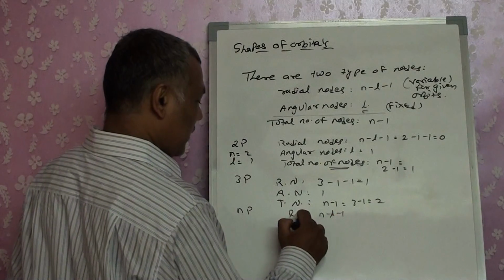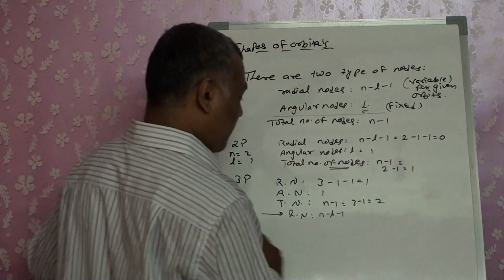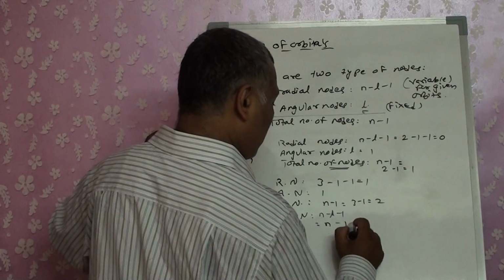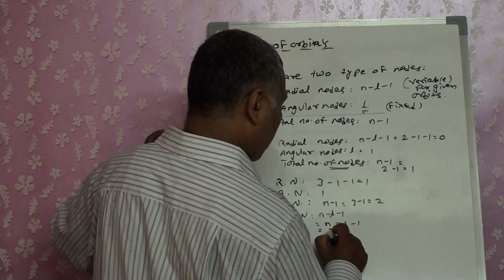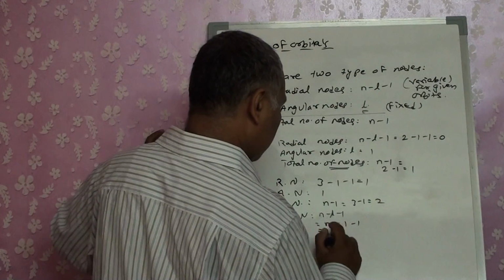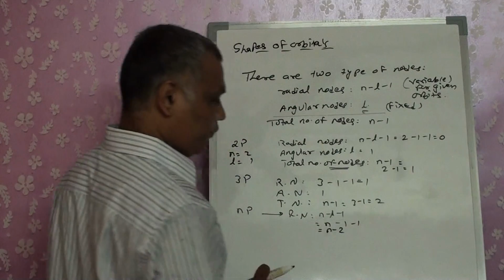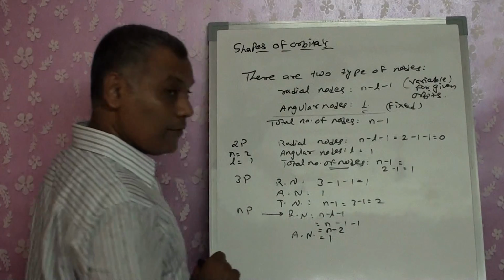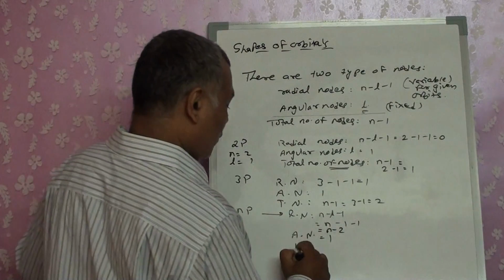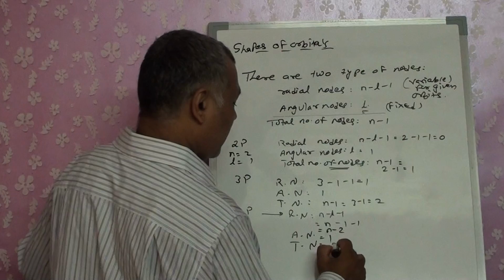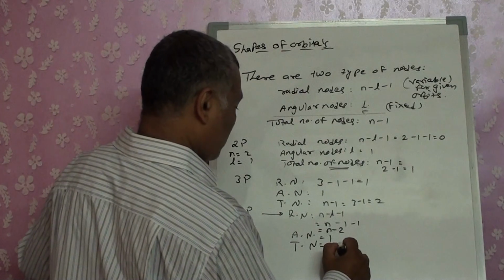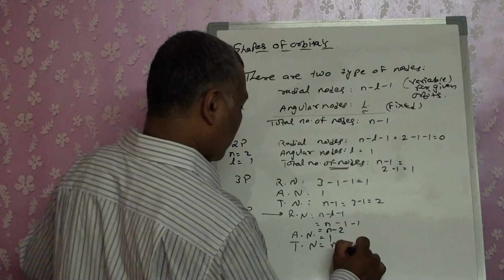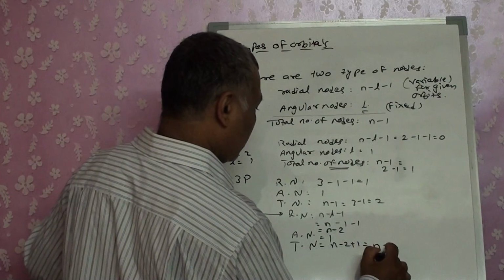With L equal to 1, we will be getting n minus 2, whereas the angular node is fixed at 1. So total nodes, we will be getting 2 plus, n minus 2 plus 1, that is n minus 1.